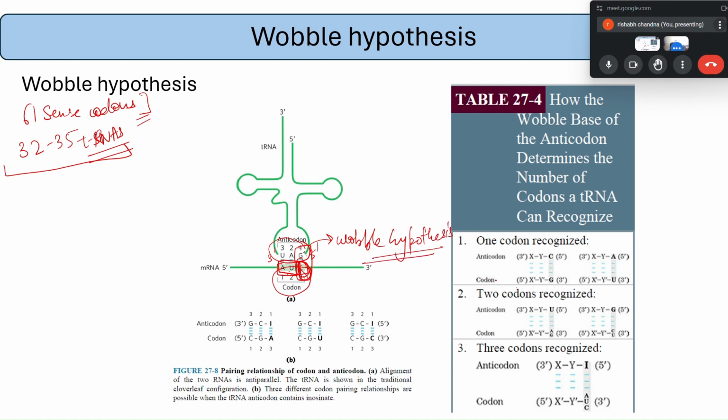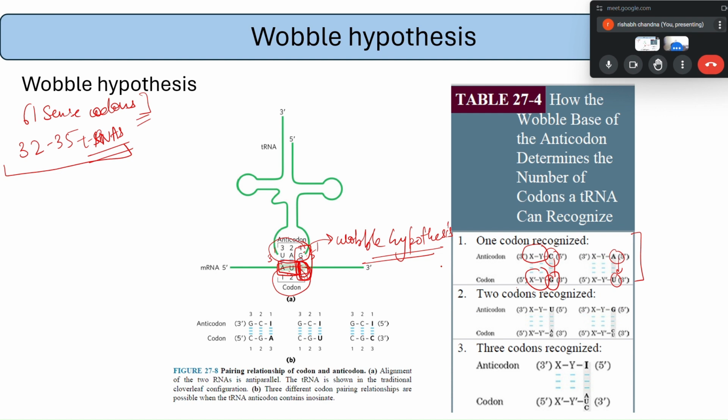Okay, so in the normal scenario, when the tRNA anticodon is matching with the codon, these two will be the same, and here the C will be binding to the G. So that is complementary to each other. Now we have A and U that are also complementary to each other. So this is the normal scenario.